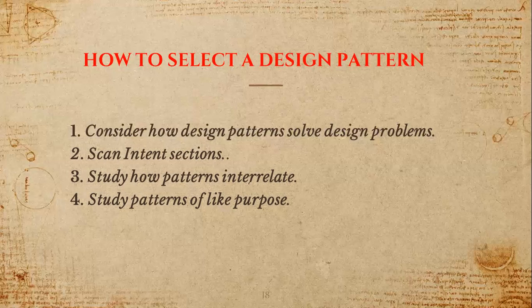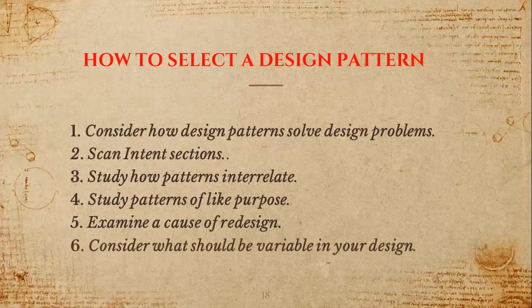And the fifth approach is to examine the causes of redesign. We need to look at the causes of redesign, then look at the patterns that help us avoid those causes. And the sixth one is considering what should be variable in your design.